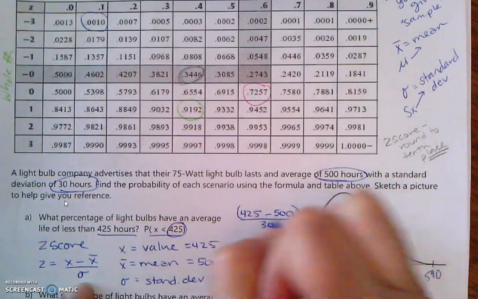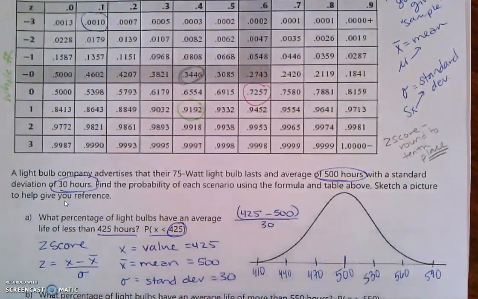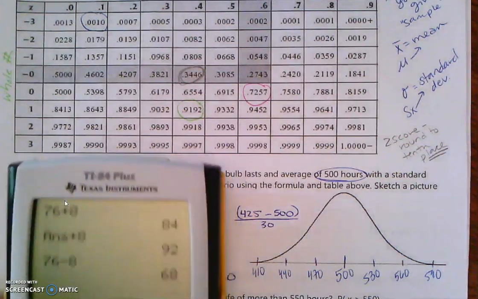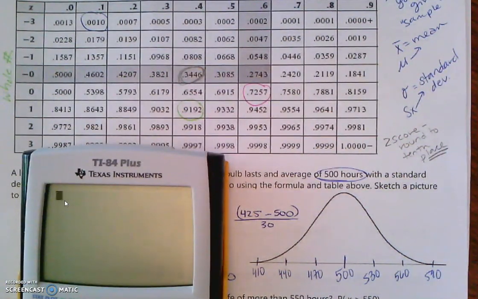Now, either use parentheses so that the top subtracts before you divide, or put it in your calculator separately and do the division second. I always like to put it in my calculator separately. So I would start with 425 minus 500, press enter and get an answer, and then divide that answer by 30.